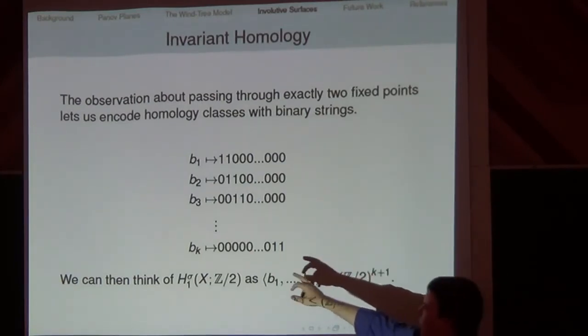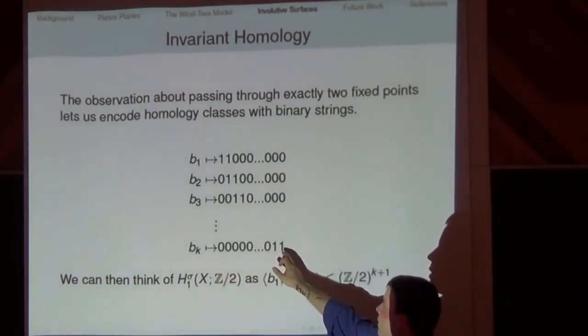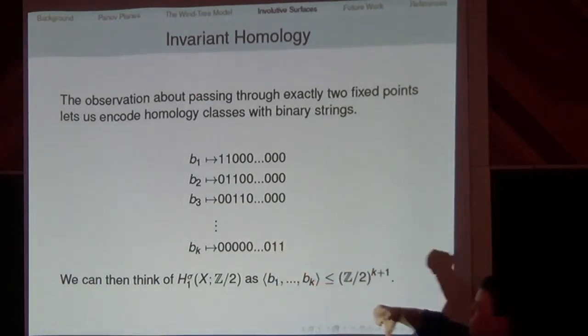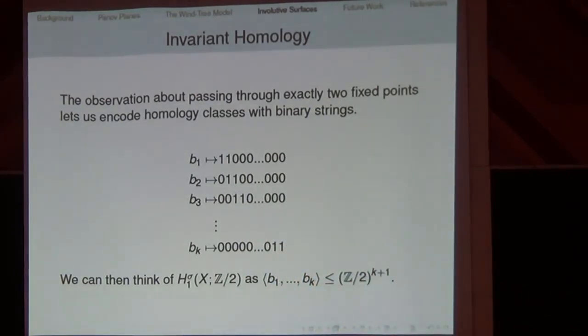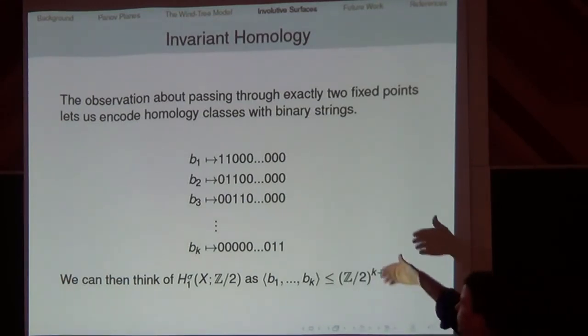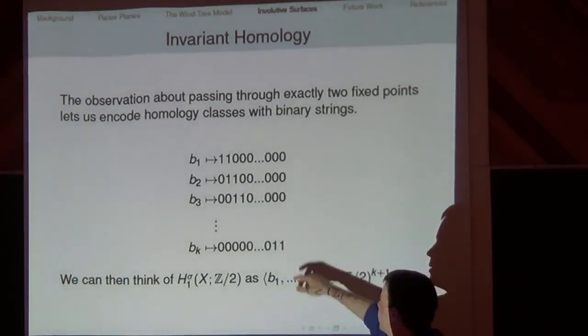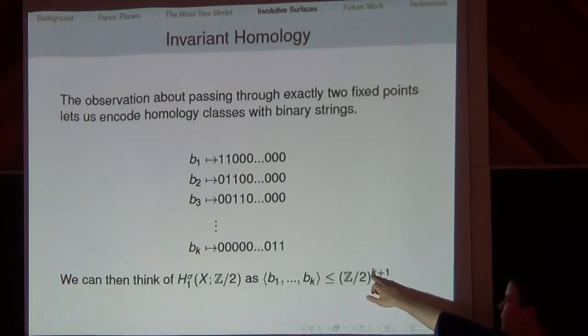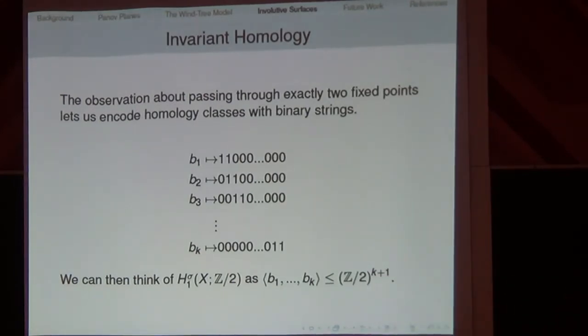So basically, I'm ordering all of the fixed points, and then I'm putting a 1 if the corresponding simple closed curve invariant under the involution passes through that particular fixed point. So you can write down this particular subspace of Z mod 2 to some k plus 1. And that represents your subspace of double covers that have a conjugate involution.